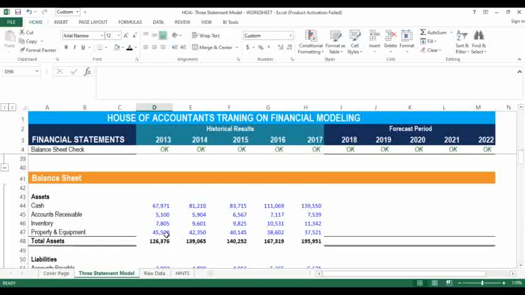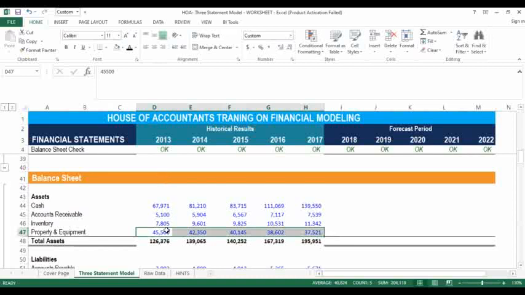So this figure you are seeing on the face of financial statement is actually a closing figure. You know, this is balance sheet. And what you have on the balance sheet is always the closing figures.